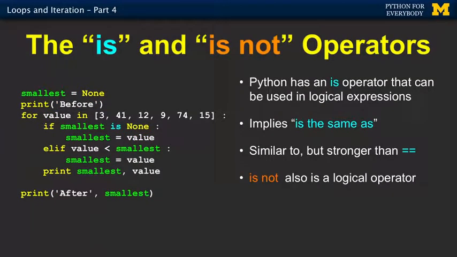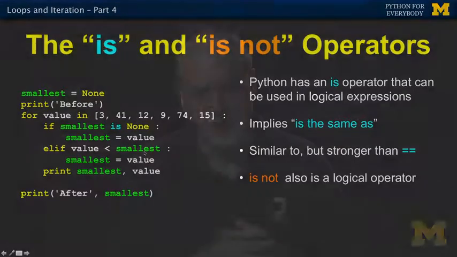Okay, so the is and is not operators, they're both operators. They're like less than or equal to or not equal to. They don't hurt their operands, and they return you a true or a false. So is and is not are also logical operators. And there are other times we use it. You shouldn't use is when you should be using double equals.